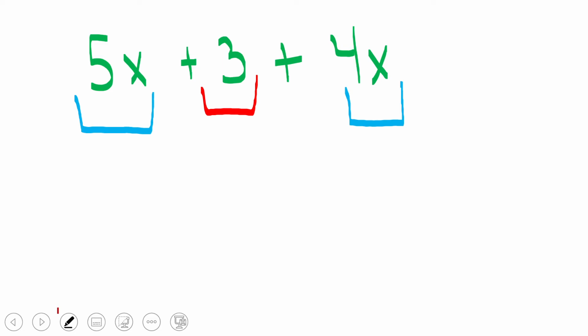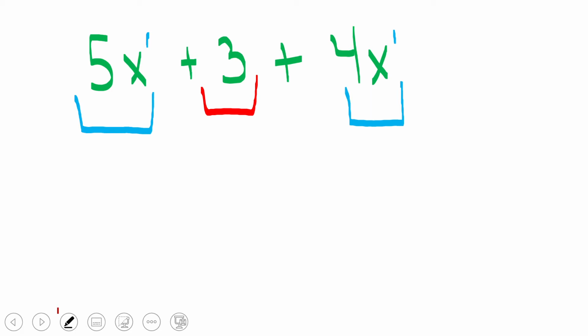So 3 is a constant term existing from just one whole number, but 5x and 4x are different kinds of terms with a different unit, x to the first power. Remember our invisible math, and that when an exponent isn't shown, it's to the first power. We just don't write it down every single time we write a number or a term in this instance, but we know it's there.